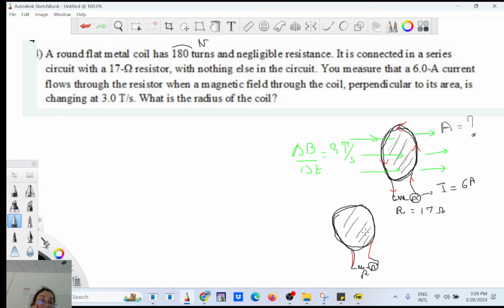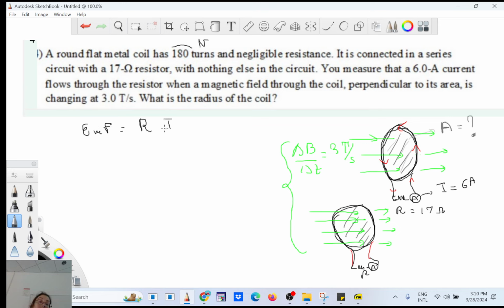So the number of lines poking through is increasing. So there is a current induced. And how can we find the EMF?